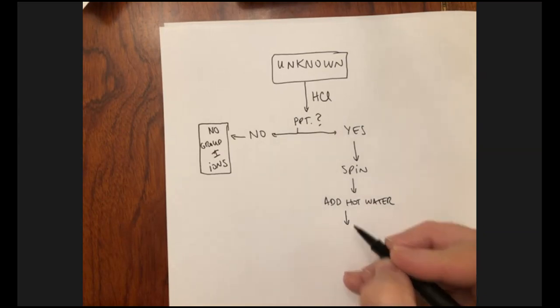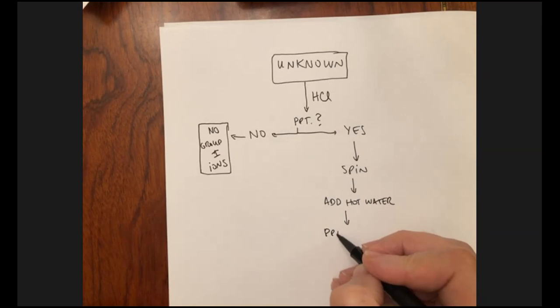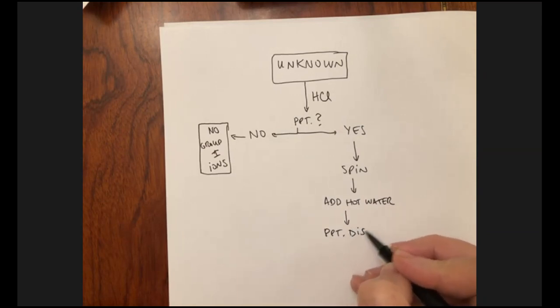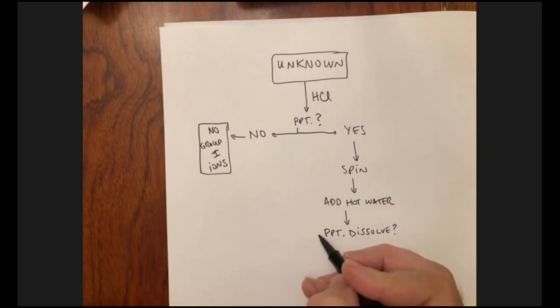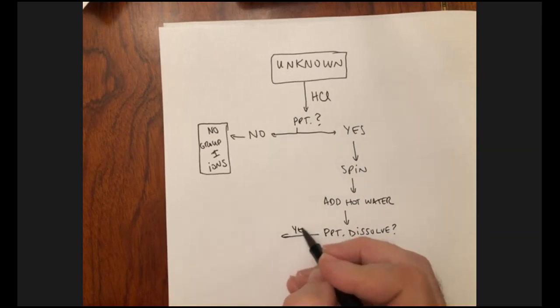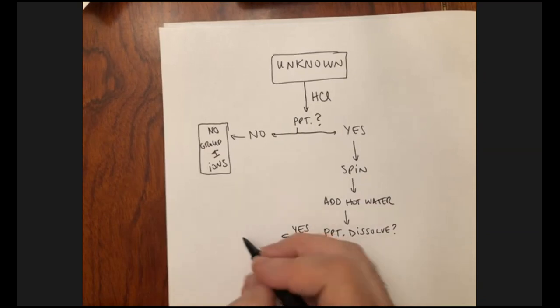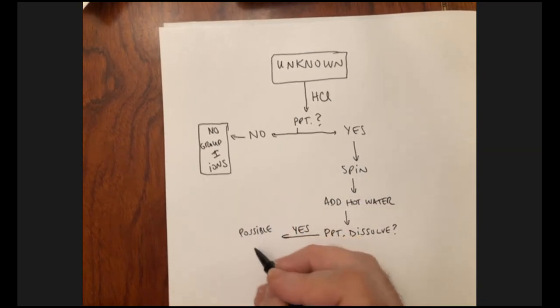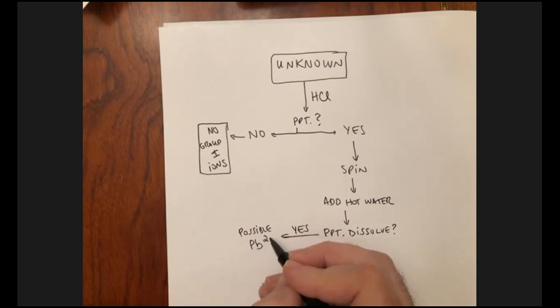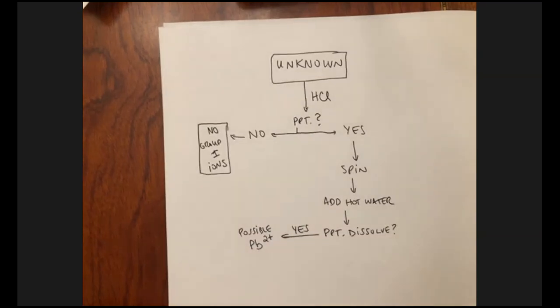And there you're going to ask, does the precipitate dissolve? If the answer is yes, then that means that you possibly have your lead ions in there.